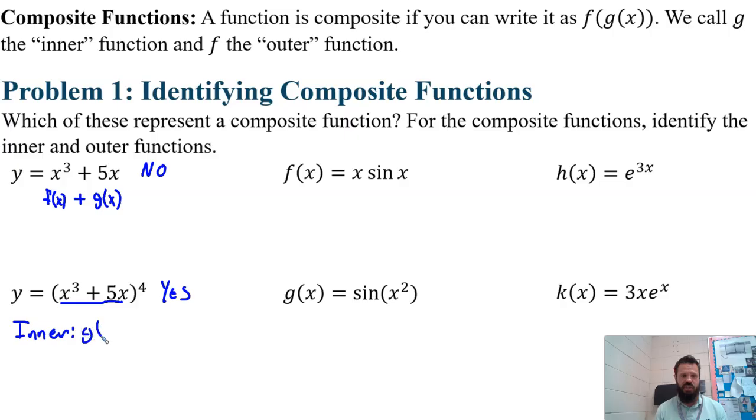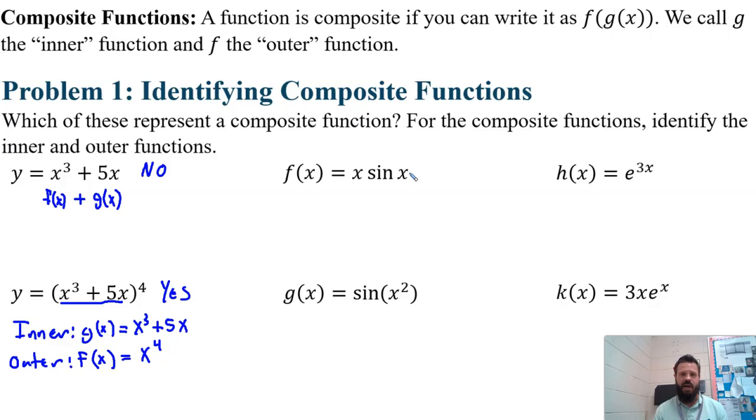We can say g of x is equal to x to the third plus 5x, all raised to the fourth power, meaning that my outer function, we can call it f of x, is just going to be x to the fourth. If I took this inner function, x to the third plus 5x, and raised it to the fourth power, I'd have this resulting y equals equation here. Again, that's an example of a composite function.